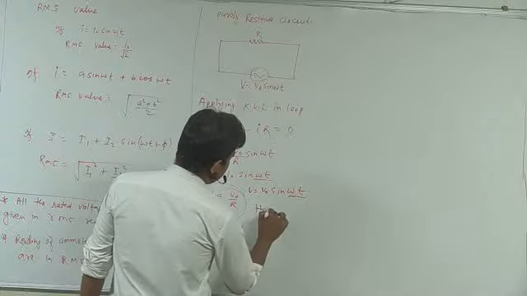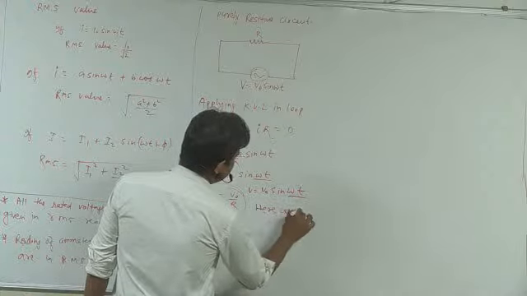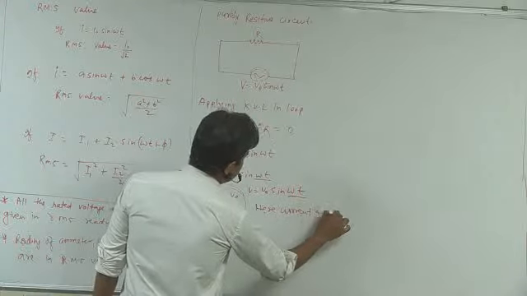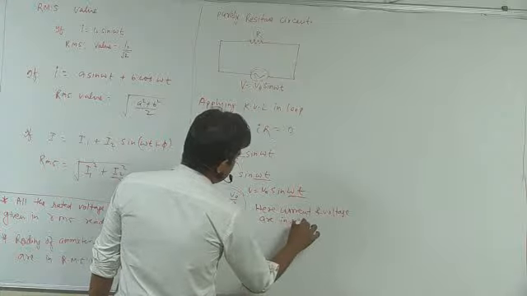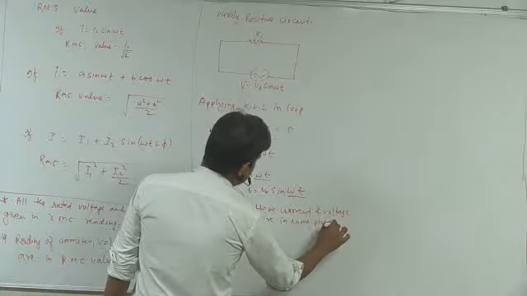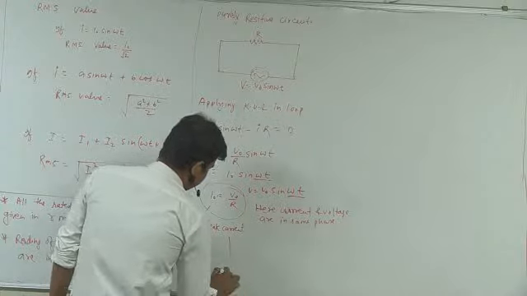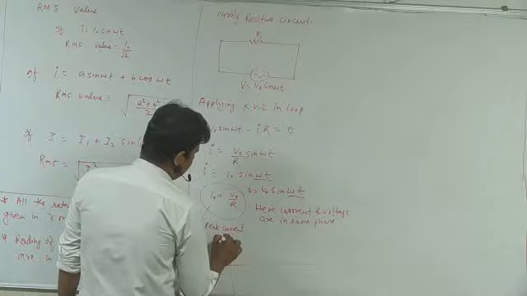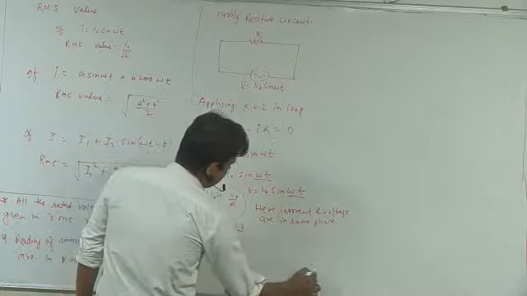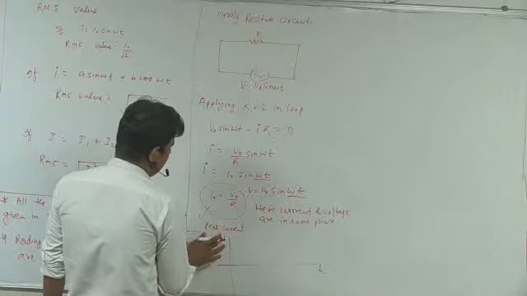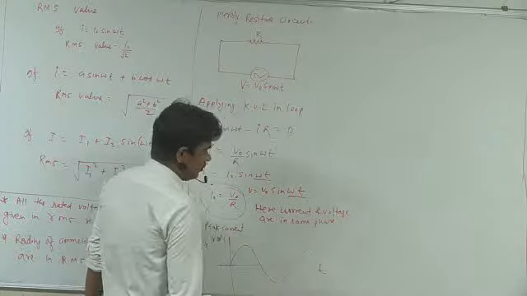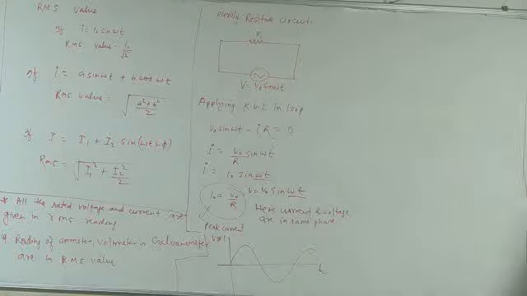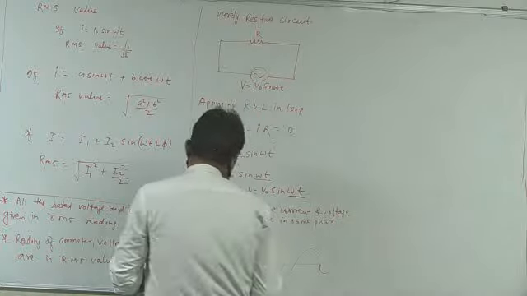Here current and voltage are in the same phase. If I plot the profile of V or I versus t, let's say this is V. So the current profile will be exactly identical, like this way.